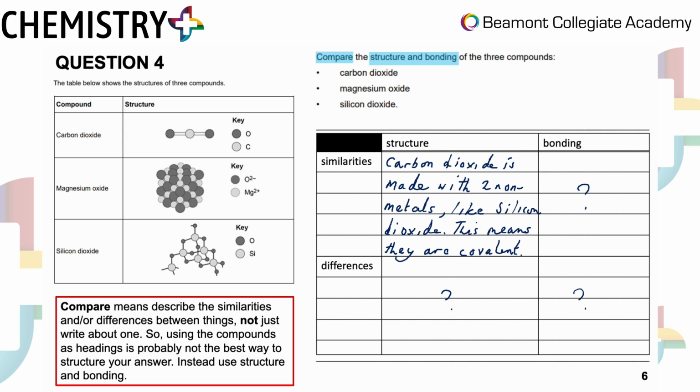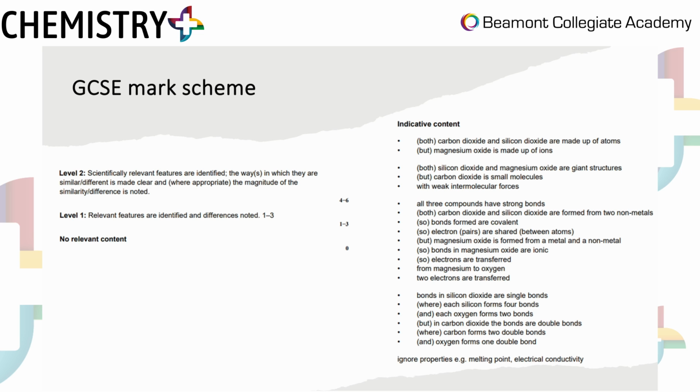Once you have completed the question, move on to the GCSE mark scheme. So here's the GCSE mark scheme. Remember, we want to secure a level 2 answer. For that, scientifically relevant features are identified, the ways in which they are similar or different are made clear, and the magnitude of the similarity or difference is noted.